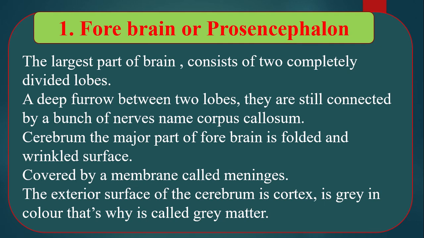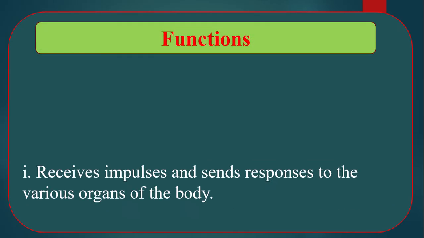The exterior surface of the cerebrum, the cortex, is grey in color, that's why it is called grey matter. On the other hand, the inner side of the brain is white in color, that's why it is called white matter. Functions of cerebrum.